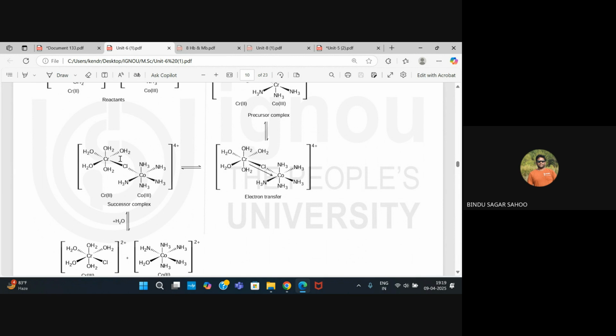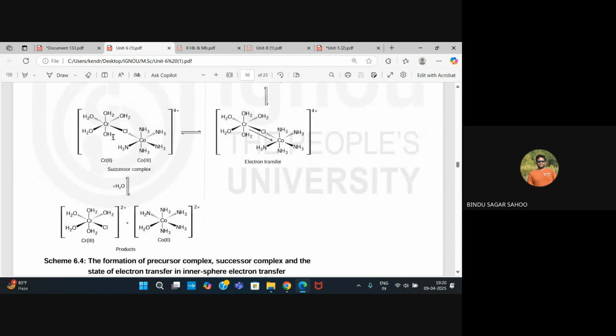When the complex is inert, it cannot easily exchange its ligands, or I can say it cannot easily allow its ligands to participate with another complex. Or in other words, the metal chlorine bond strength will increase compared to cobalt Cl. So in the further step, when dissociation occurs, this bond will not break.